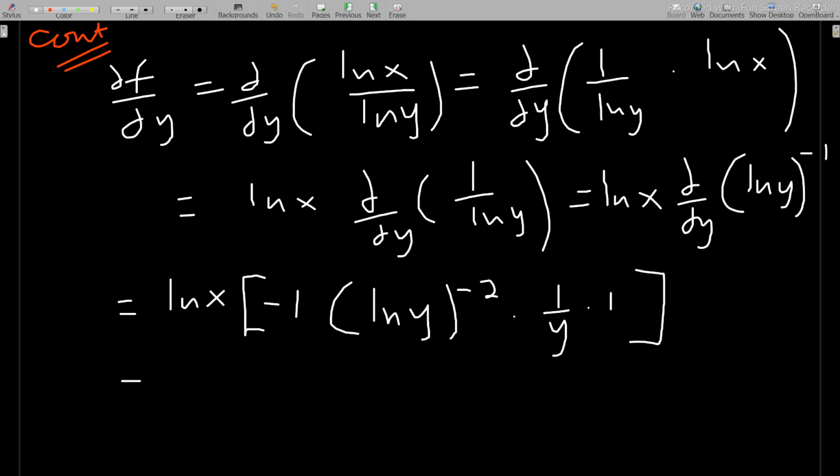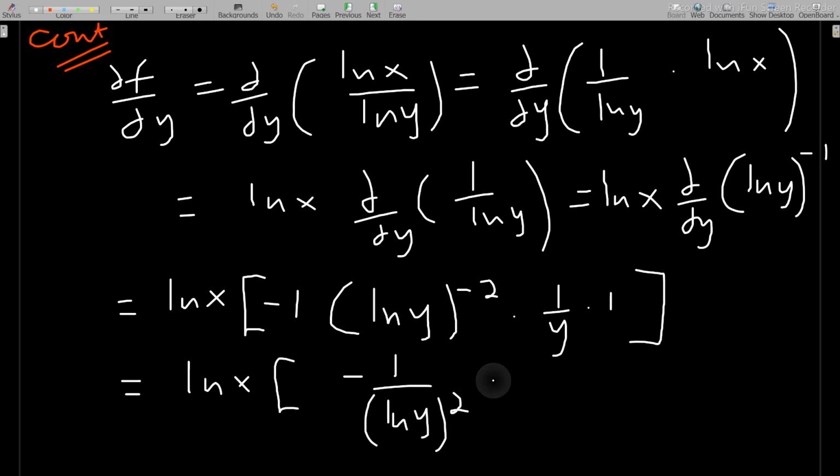So this will be equal to, in effect, len x into negative, this len of y all to the negative 2 is the same as negative 1 over len y all squared, times 1 over y. So I can push the 1 over y out. Let me bring the negative first, because negative is multiplying everything, and let me use a different color so that you see it well.